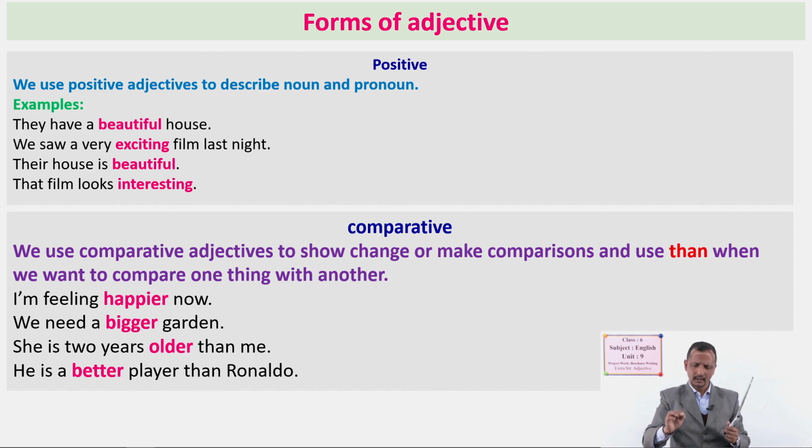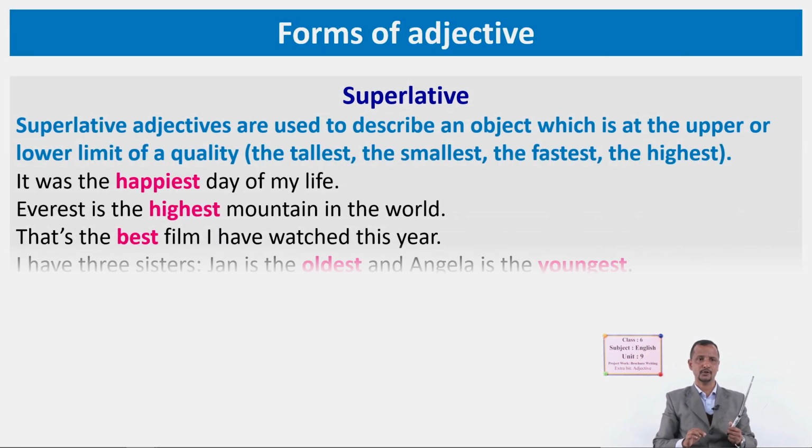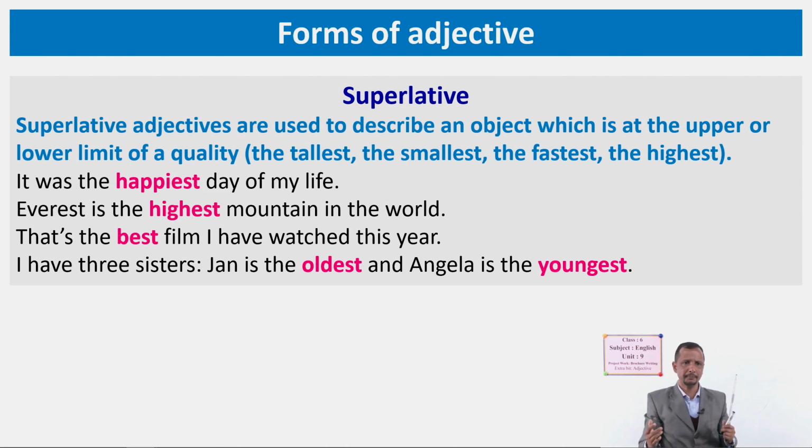Right? Now, after comparative, what is superlative? Superlative adjectives are used to describe an object at the upper or lower limit of quality. That means the smallest, tiniest one, or the biggest, top one. For example: It was the happiest day of my life. Too much happy.